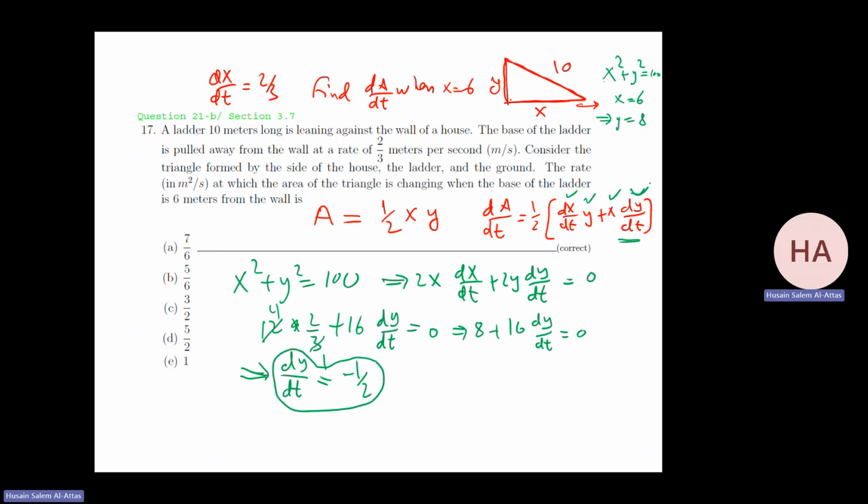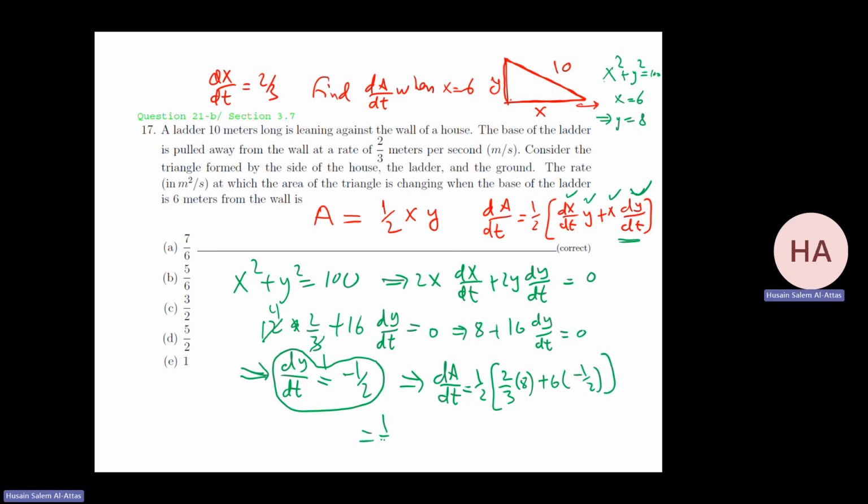So I get that. So that means just plug the numbers, dA over dt will be half. Dx over dt is what? 2 over 3. Y is 8. X is 6 times minus half.